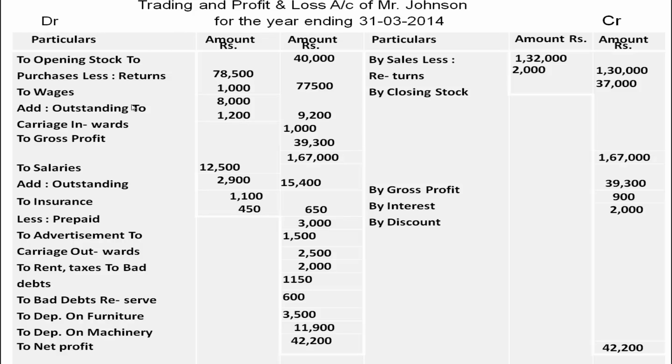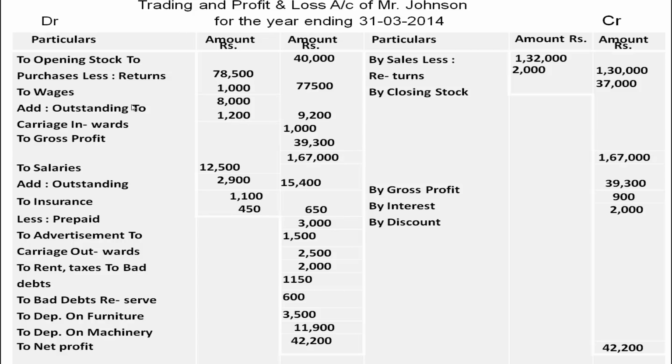So the furniture amount, whatever is given in the trial balance, from there we have to calculate the depreciation on furniture as per the percentage of depreciation. It is the same thing we'll do with the depreciation on machinery. So the final amount is 3,500. So these are all expenses which come to the debit side.